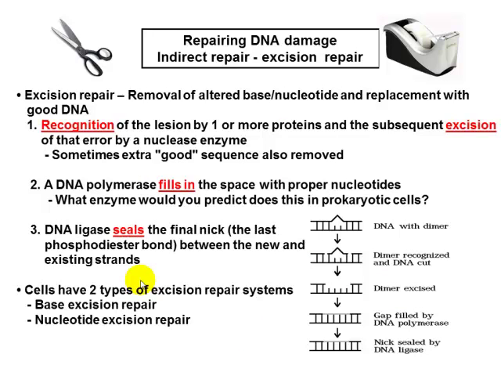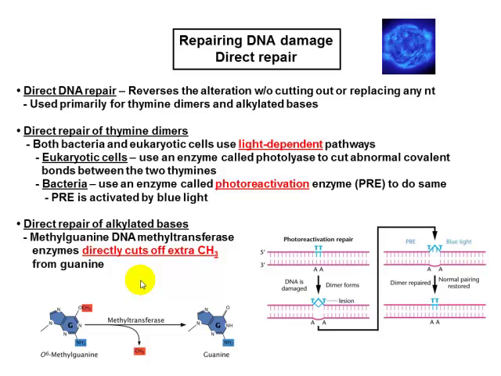Now you also have excision repair. This is not a direct repair, this is an indirect repair. That means the piece of DNA has to be substituted. Just to make clear, I don't think I was very clear with the thymine dimers.